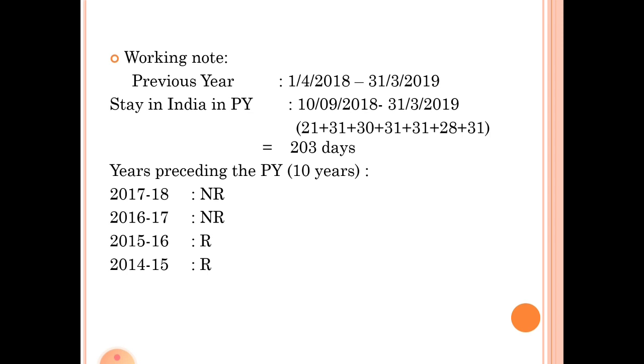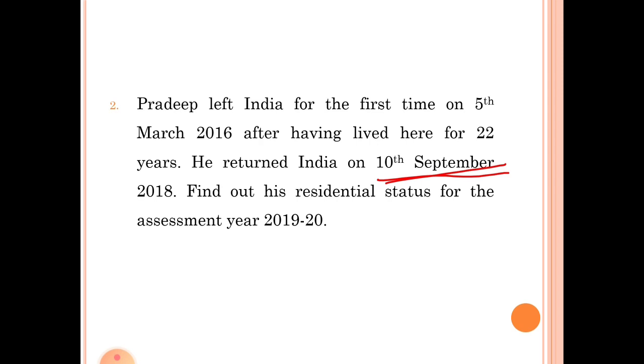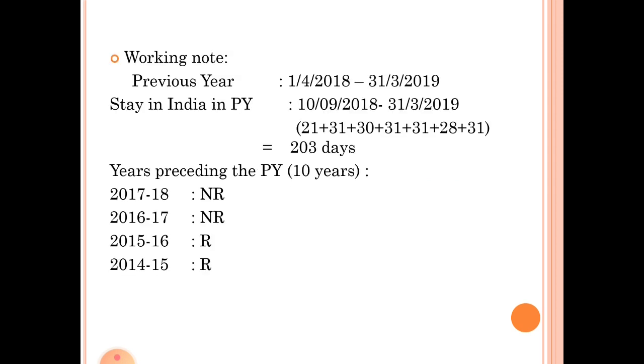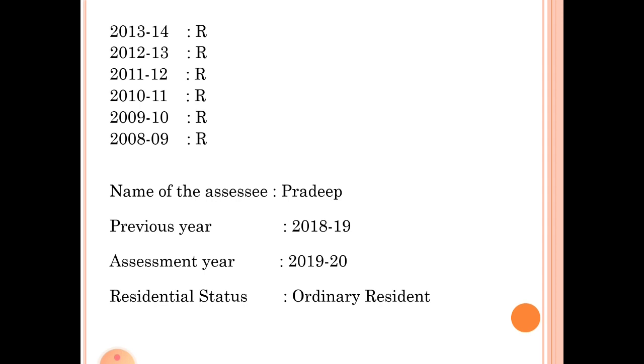In 2017-18 and 16-17 he is a non-resident because he stayed abroad, that is from 5th March 2016 to 10th September 2018 he stayed abroad. So first 2 years non-resident, next all 8 years he is resident in India because he stayed in India.